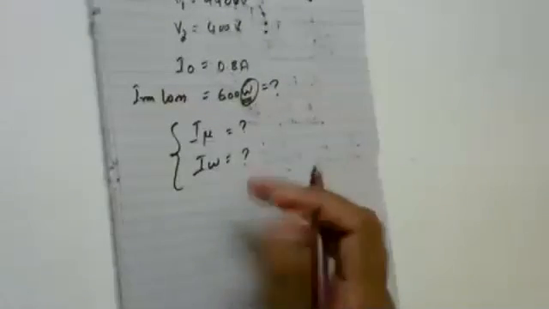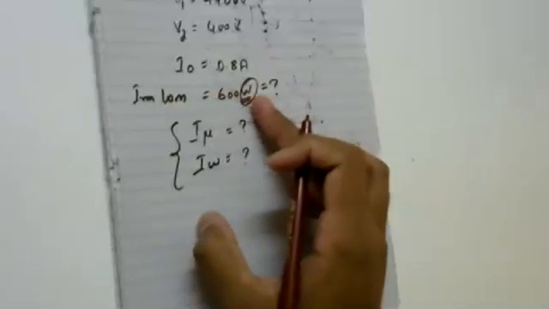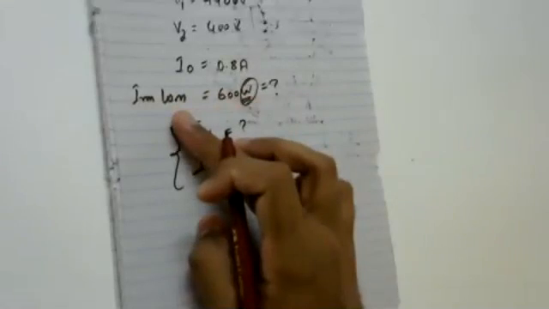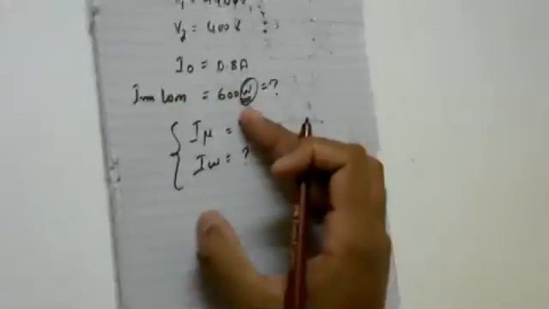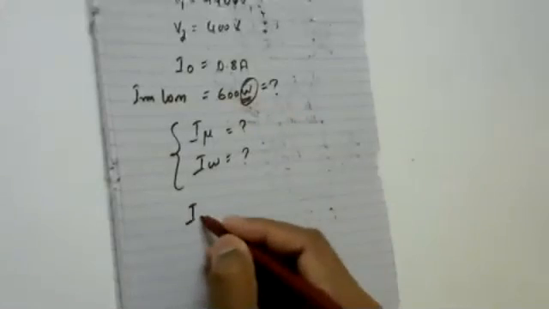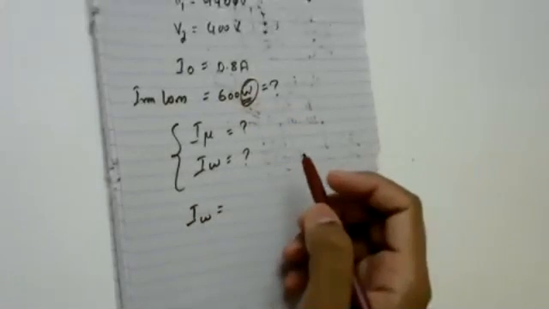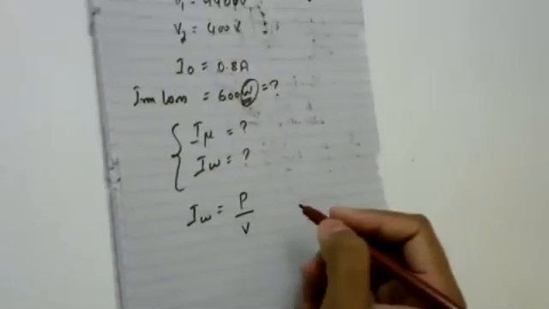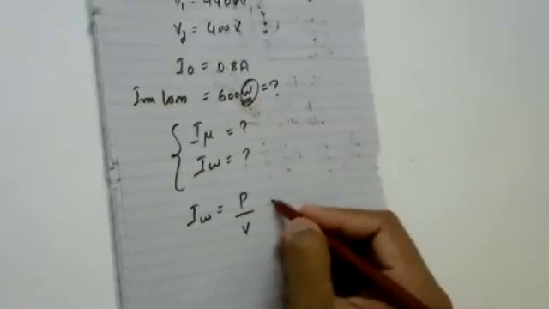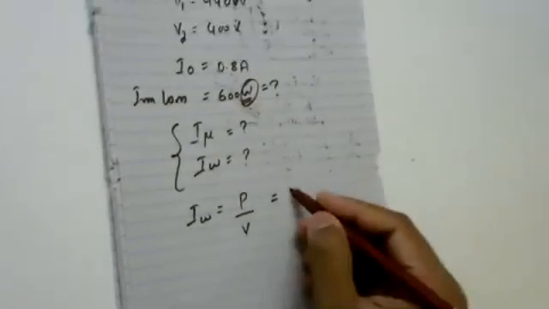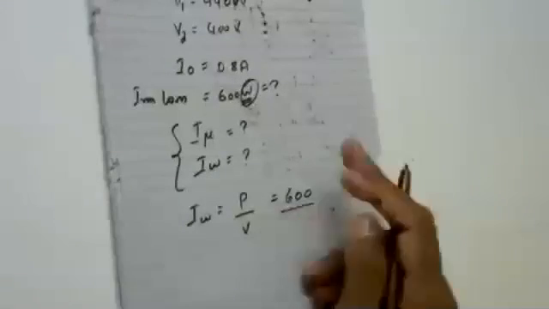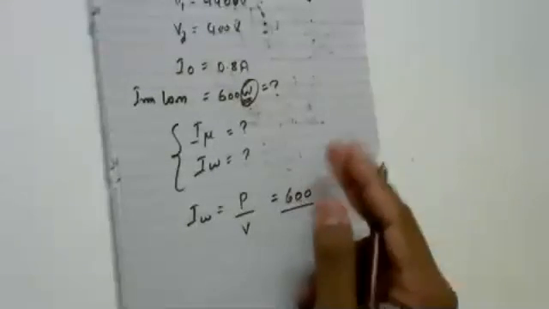We know that the total value of iron loss is 600 watts. So the iron loss component IW can be given by P divided by V. This P is 600, divided by the primary voltage, because this is the amount of loss which will be occurring on the primary side.